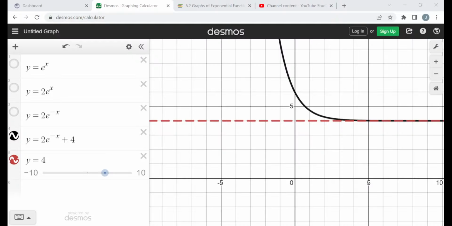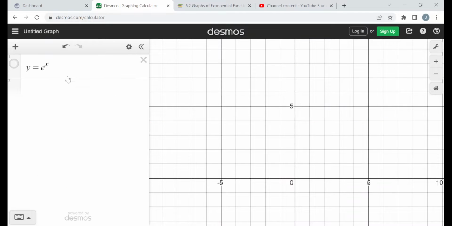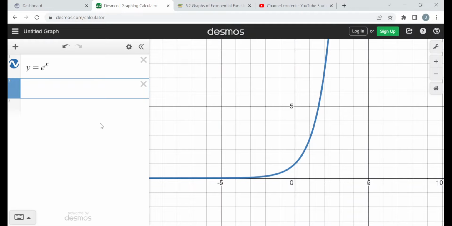Going back to the Desmos site, we're starting with y equals e to the x again. Domain all real numbers, range all positive numbers, and the asymptote's the x-axis. But of course, that's going to change when we move everything down 2 at the end. The first transformation was a vertical compression by a factor of 1/3.